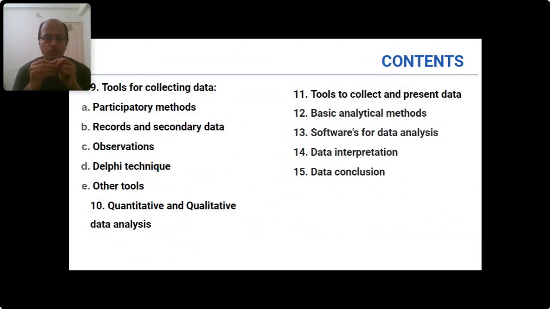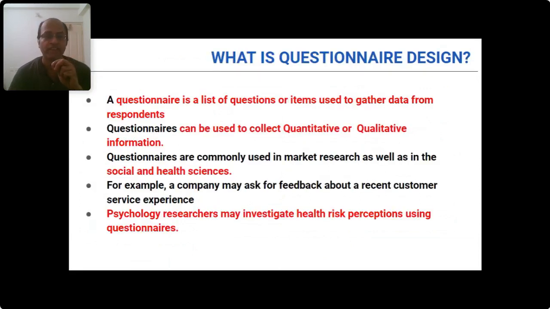Then we talk about quantitative and qualitative data analysis, tools to collect and present data, basic analytical methods used for interpretation of the data, and software for analysis and for data interpretation. And then you have data conclusion. So we are going to discuss all of them.